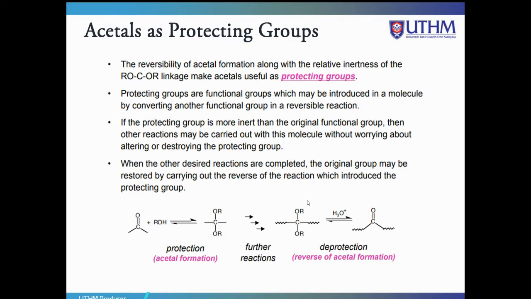Acetal as protecting group. The reversibility of acetal formation along with the relative inertness of the RO-COR linkage make acetals useful as protecting groups. Protecting groups are functional groups which may be introduced into a molecule by converting another functional group in a reversible reaction. If the protecting group is more inert than the original functional group, then other reactions may be carried out with this molecule without worrying about altering or destroying the protecting group.